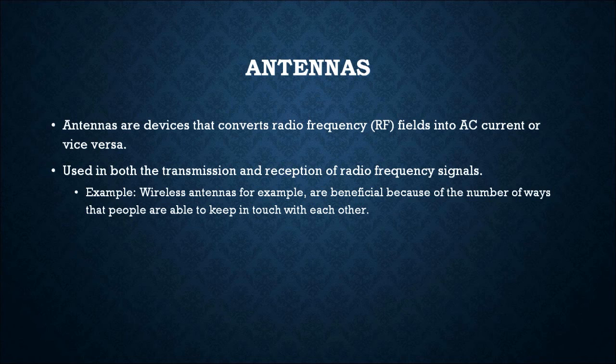In the far field, on the other hand, the oscillating magnetic field is coupled with an oscillating electric field, which defines the electromagnetic waves that are capable of transmitting signals for long distances. So antennas play a vital role in communication systems because they can be used in both the transmission and reception of radio frequency signals.